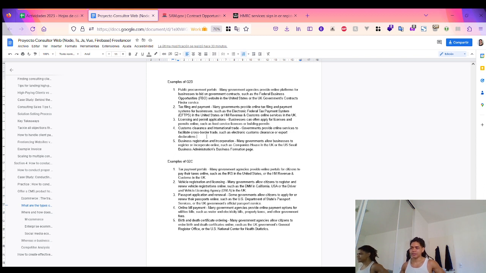But in any case, that's a whole other story for another video. But here is this: customs clearance and international trade. Governments provide online service to facilitate cross-border trade.